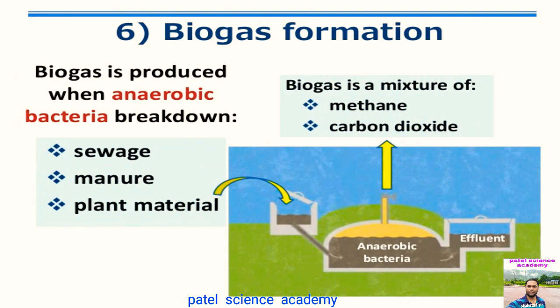The digester used for the biogas production is called a biogas plant. A typical biogas plant using cattle dung as a raw material consists of the digester and the gas holder. Digester is made up of concrete bricks and cement or steel, and there is a cylindrical gas holder or gas tank above it to collect the gases.